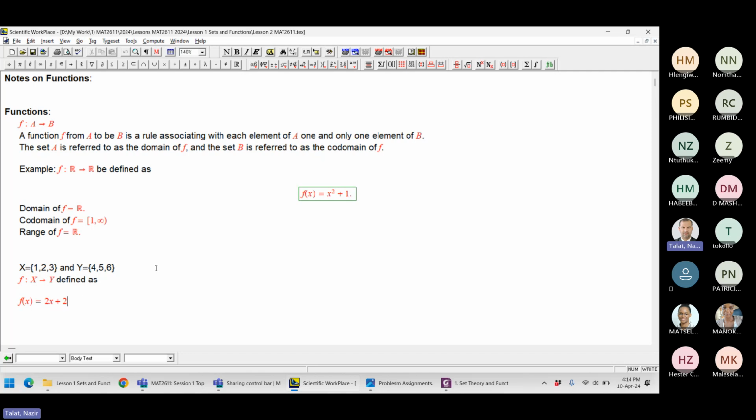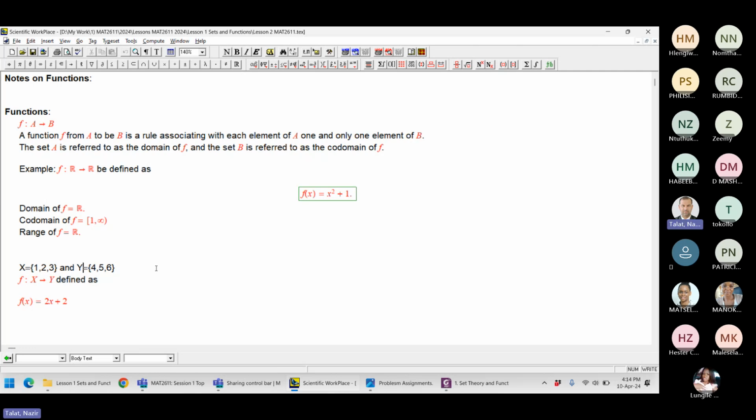On the other hand, if we define another function, like if we have two sets and we put the values over here, we will get some distinct entries. For instance, x equal to {1, 2, 3}, y is equal to {4, 6, 9}, and f is defined as this.